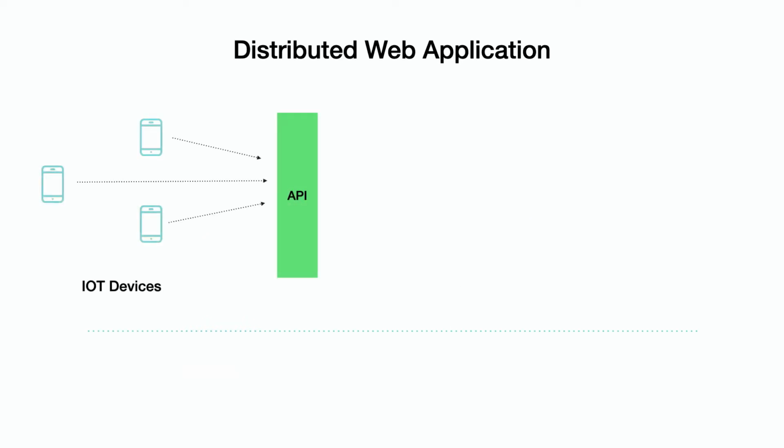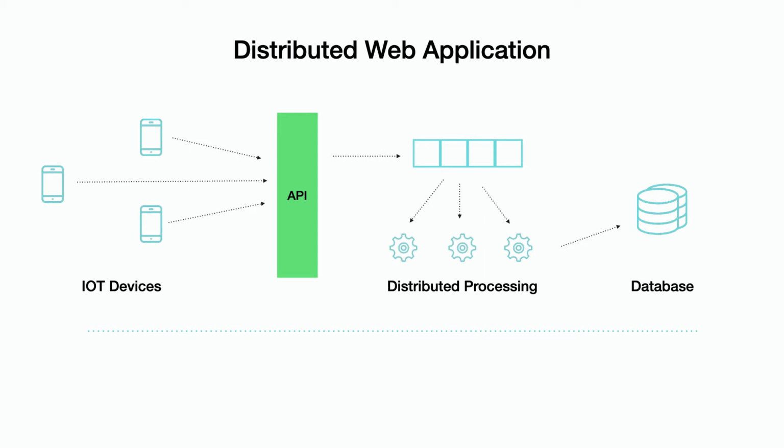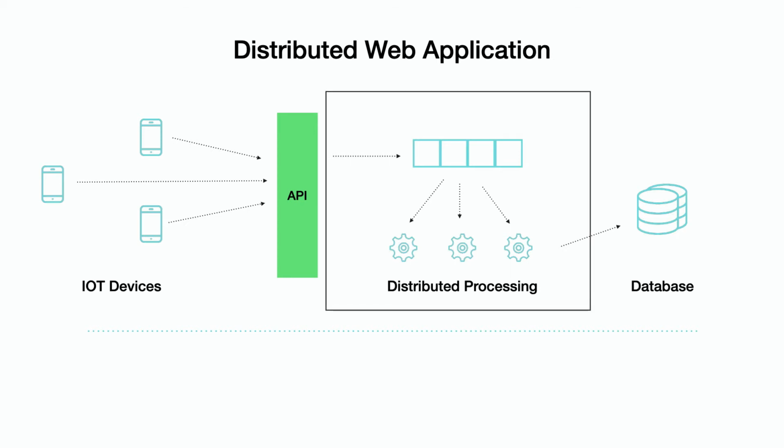In this third scenario, you would typically have many devices or sensors which are emitting events to your server using an API. On your server, you would collect these events, process them using an extract transform load pipeline, and push the result into the database. For such an application, we could decouple the event arrival from its processing by using a publisher-subscriber model.